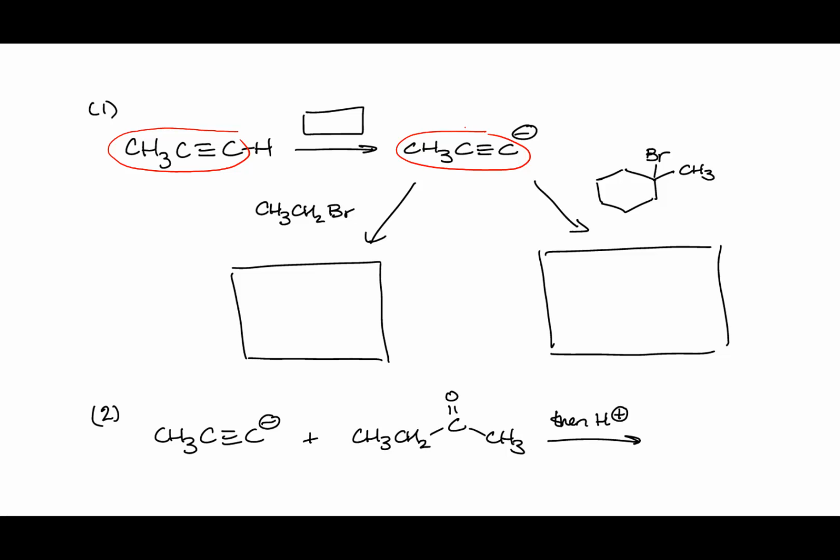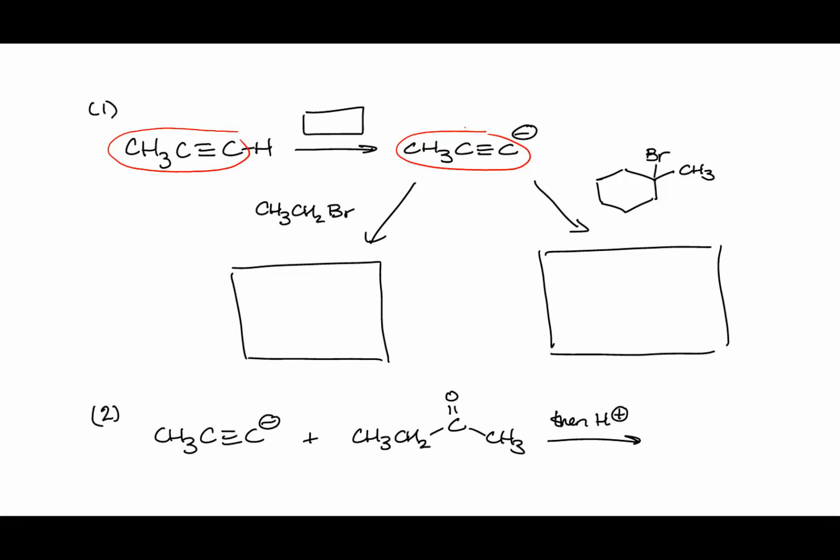Once you identify what you're adding or losing, the next thing is: what kind of reaction is that? It's a deprotonation reaction, an acid-base reaction. So what needs to go in the box?